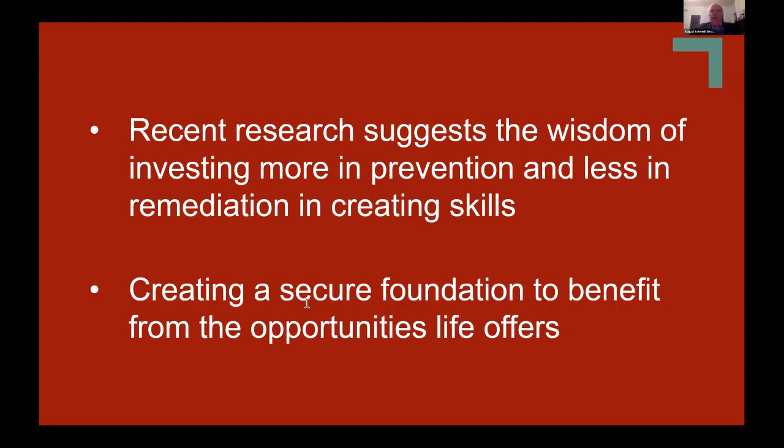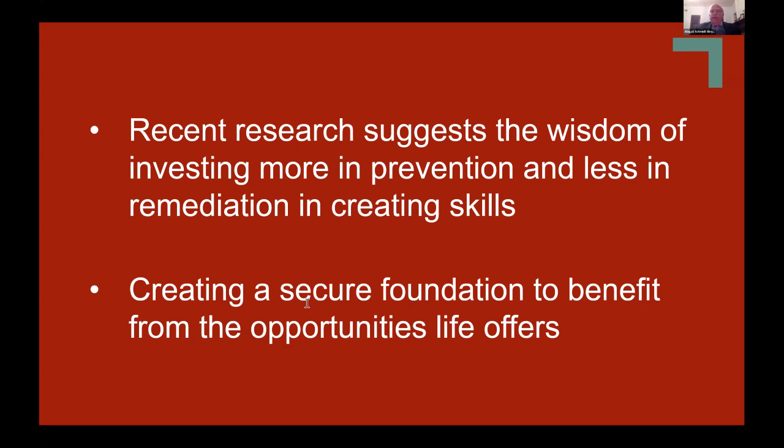So what we should do is understand what the latest findings can show about how we can build skills. We have come to understand the wisdom of investing more in prevention and less in remediation in creating skill and solving social problems.